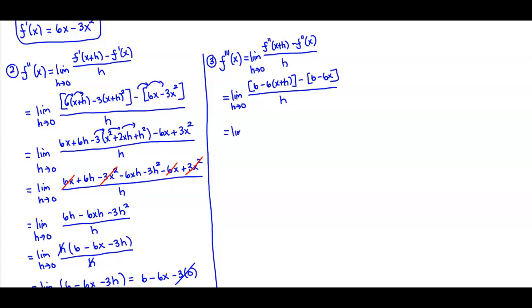Okay, so now let's distribute this negative 6 to both of those terms, and this negative sign to those terms. So we end up getting 6 minus 6x minus 6h minus 6 plus 6x, divided by h. So 6 minus 6 gives us 0. Negative 6x and plus 6x gives us 0.